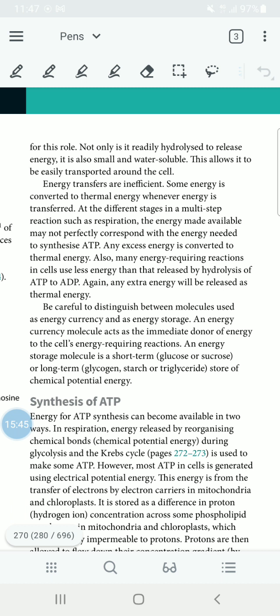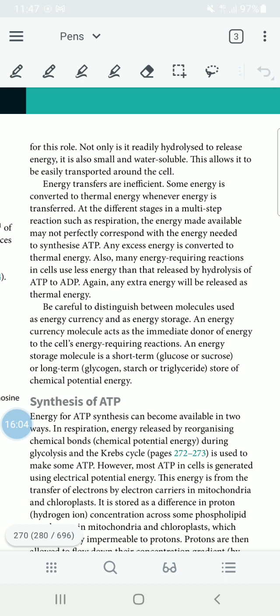Number three, it is small and easily transported around the cell.